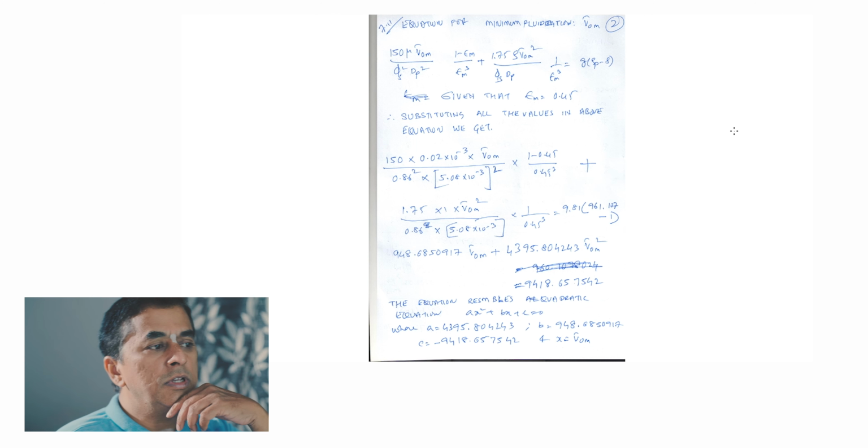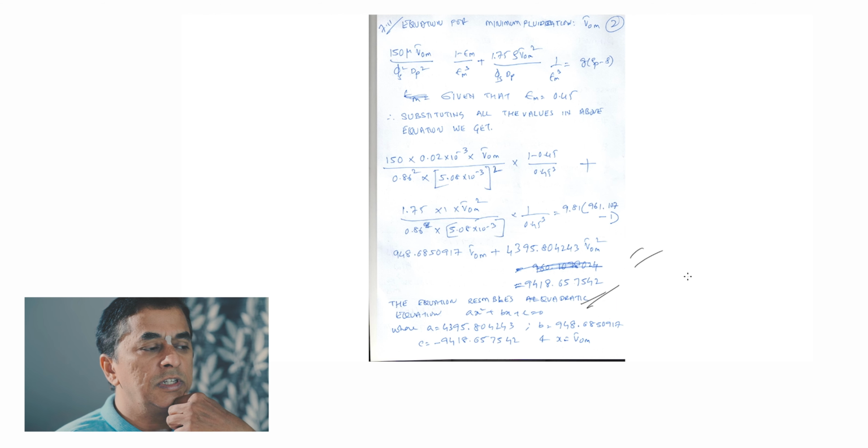So if you solve this, you get this equation, and I have written that this equation resembles a quadratic equation with the constants I have given here. A is this one, B is this one, C is this one, and X is V bar 0m.